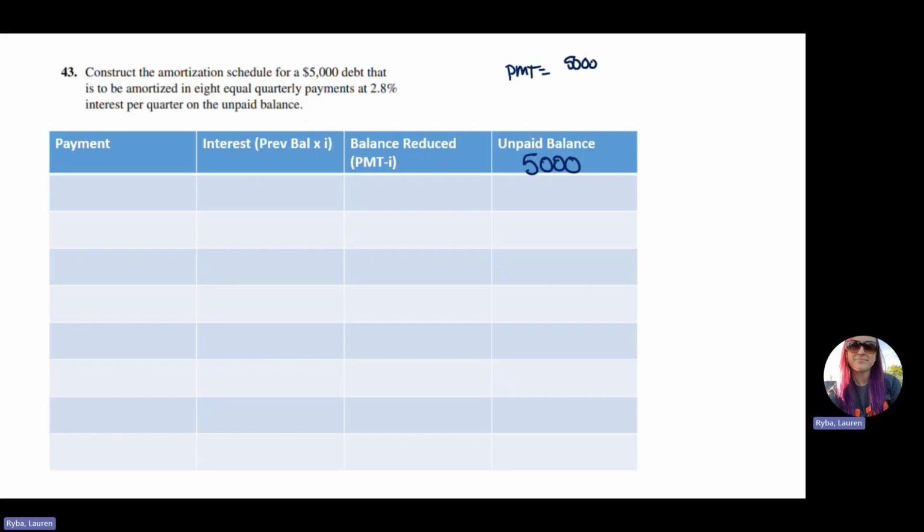So 5,000 times 0.028, it's already figured out per quarter, so I don't have to divide anything, over 1 minus 1 plus 0.028 to the negative 8 power. Now, I trust I've shown you a few examples. This comes out to be $706.29.